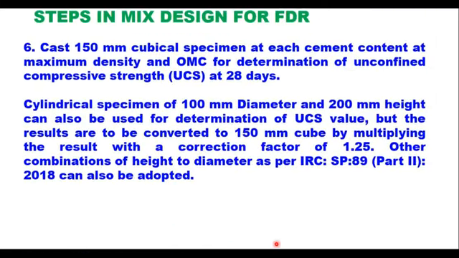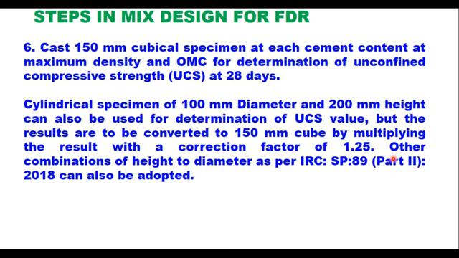Then cast 150 millimeter cubical specimen at each cement content at maximum density and OMC for determination of unconfined compressive strength at 28 days. Cylindrical specimen of 100 mm diameter and 200 mm height can also be used to determine UCS value, but the results are to be converted to 150 mm cube by multiplying the result with a correction factor of 1.25.